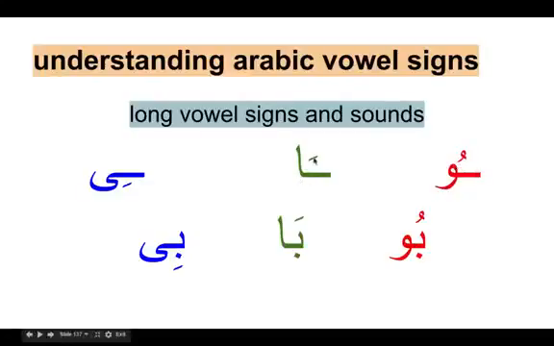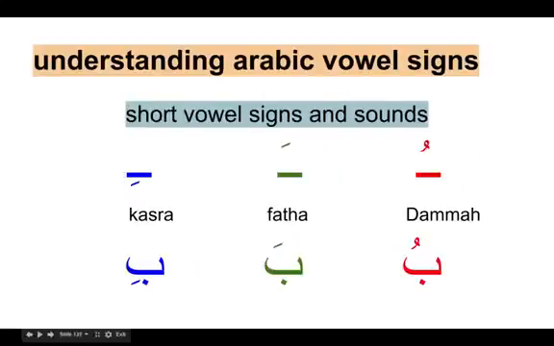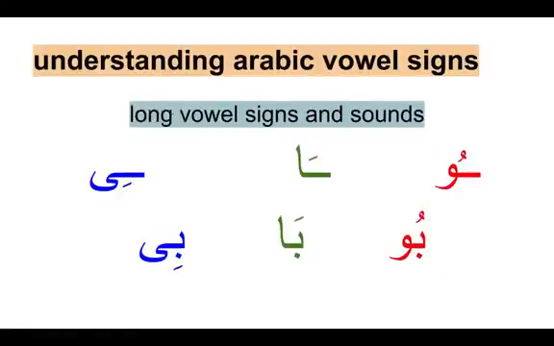For the a sound, we attach an alif and it becomes aa. For the ee sound, we attach a ya. So it's for phonetic reasons. You use waw like boo, baa, bee, so you lengthen the sound. So we have short vowel signs and we have long vowel signs.